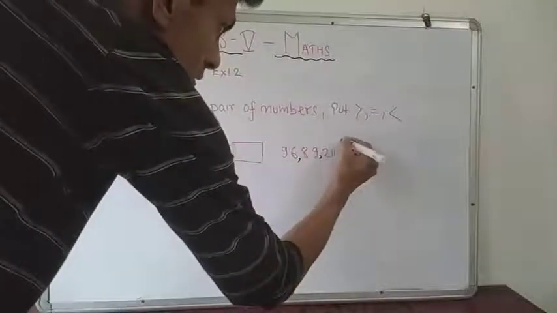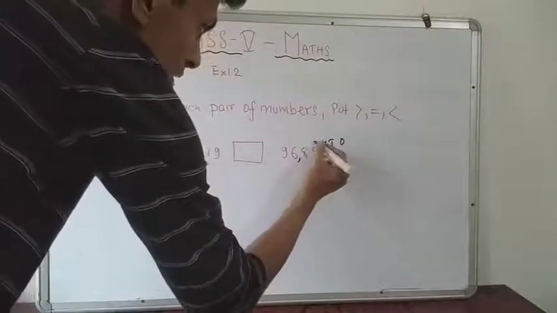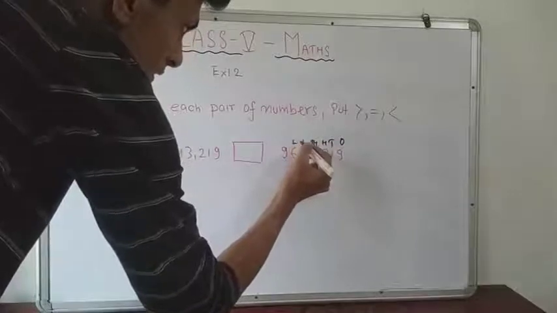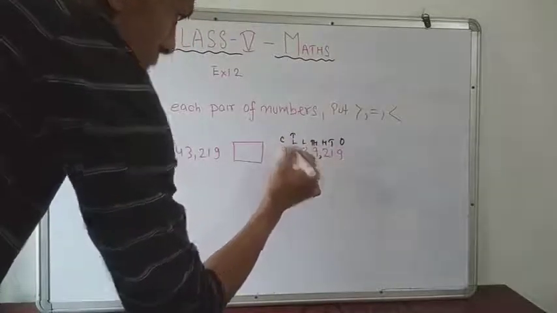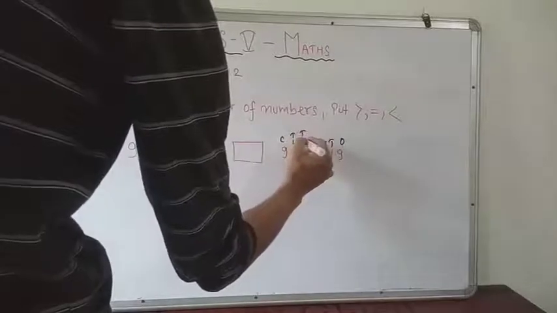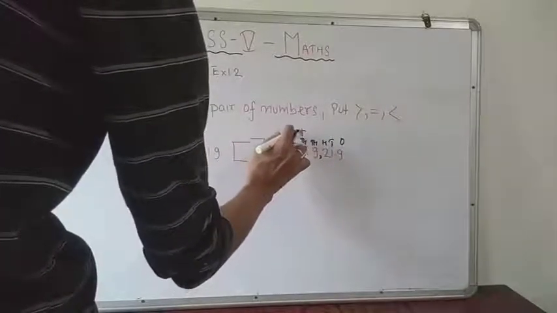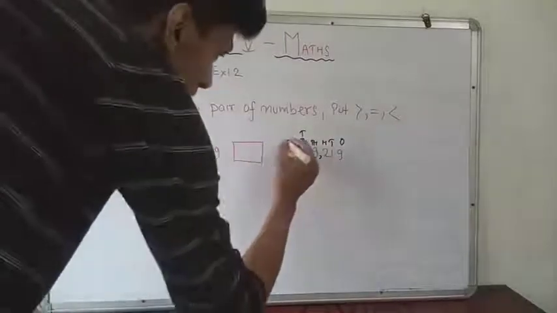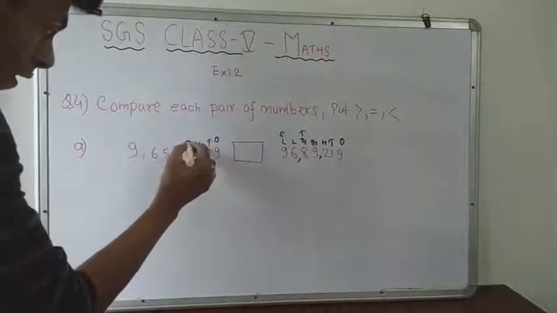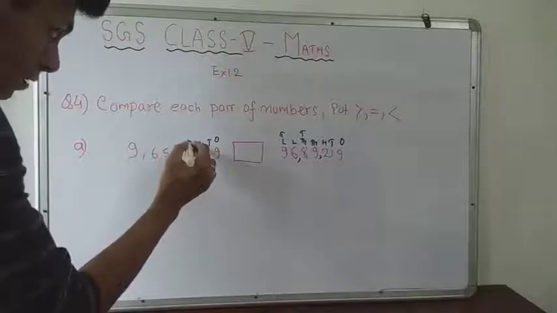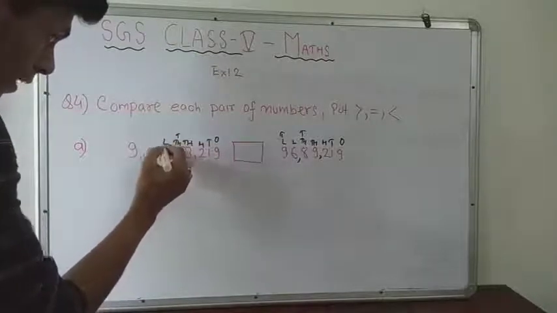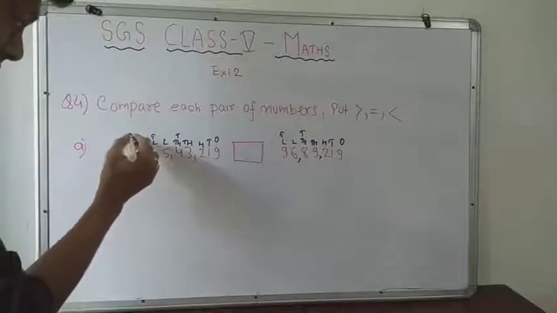That is, 9 comes under ones, then tens, 100, 1000, 10,000, lakh, 10 lakh, and crore. Similarly, in the other number, digits come under ones, tens, 100, 1000, 10,000, lakh, 10 lakh, and crore.